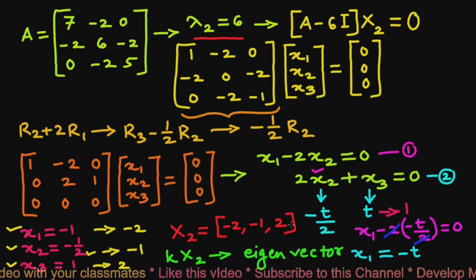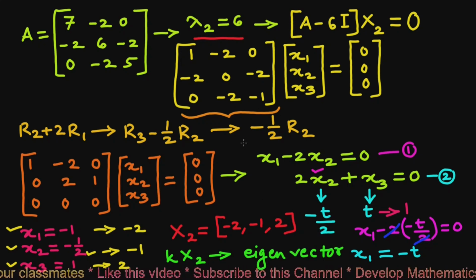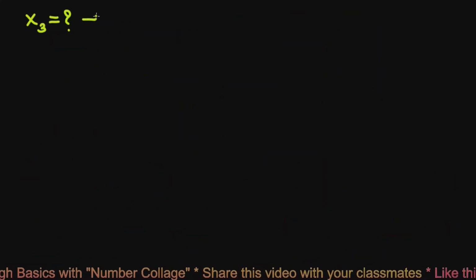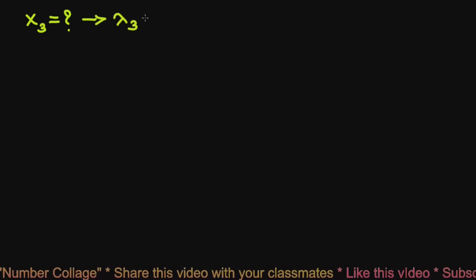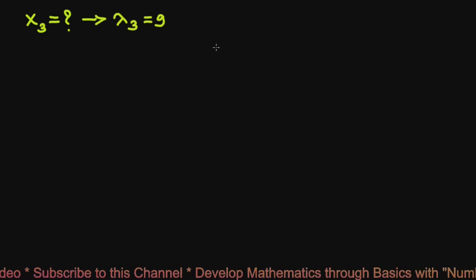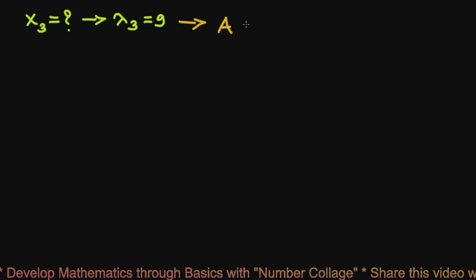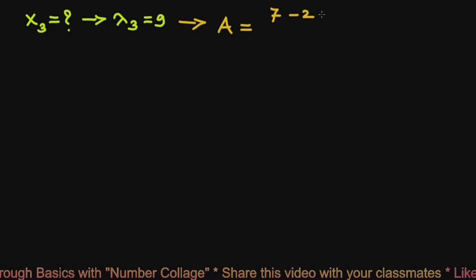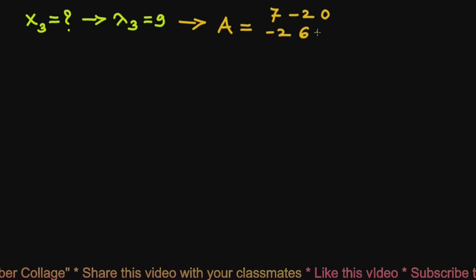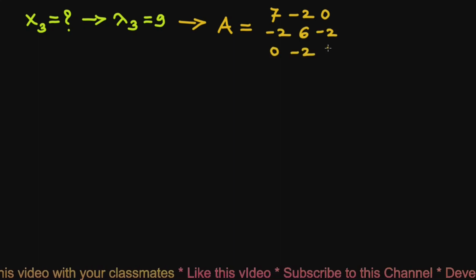Next, we will find the eigenvector corresponding to the third eigenvalue 9. Finally, we will find eigenvector x3 corresponding to the eigenvalue lambda 3 equals 9. For ready reference, let us rewrite matrix A once again: [7 -2 0; -2 6 -2; 0 -2 5].